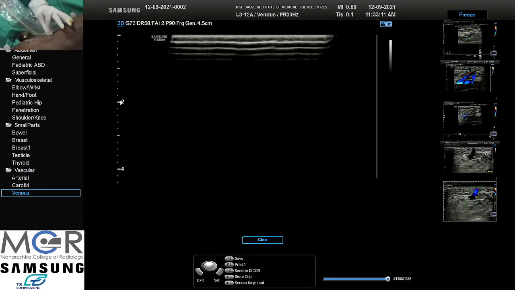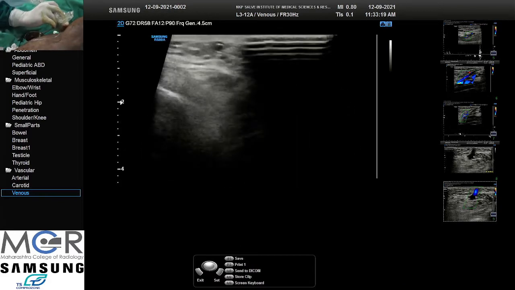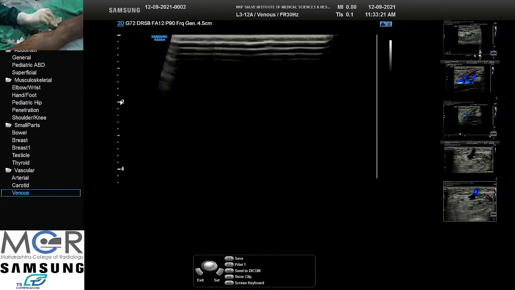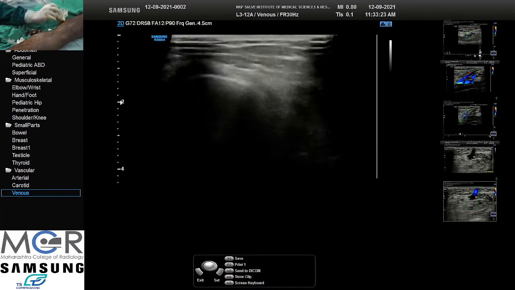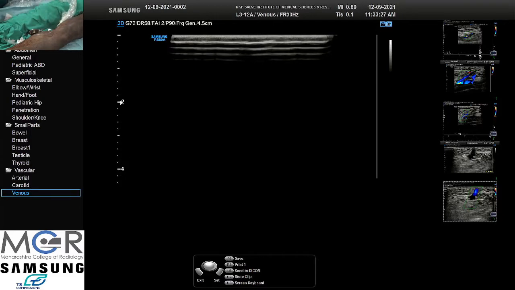Then we insert the sheath, and we remove the dilator and wire. Now we can see the sheath is within the lumen of the vein. Get the laser fiber.